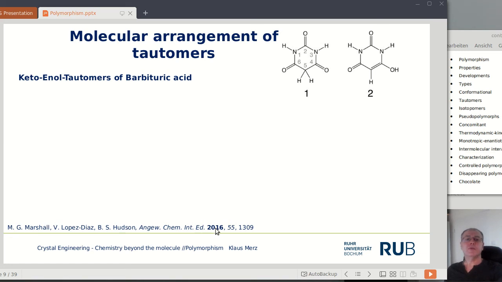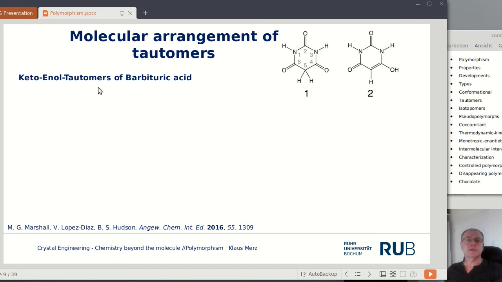You see, four years ago, once again in Angewandte Chemie, the group of Marshall and Hudson were able to obtain the enol form of barbituric acid. This is well known.